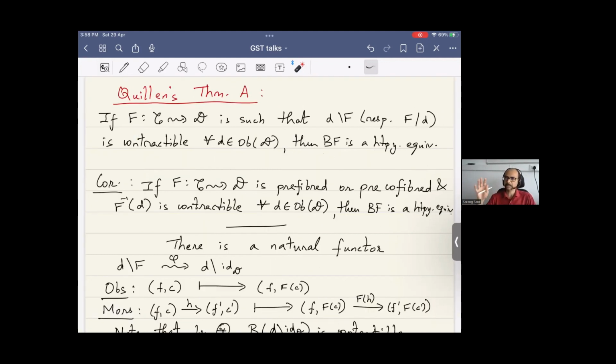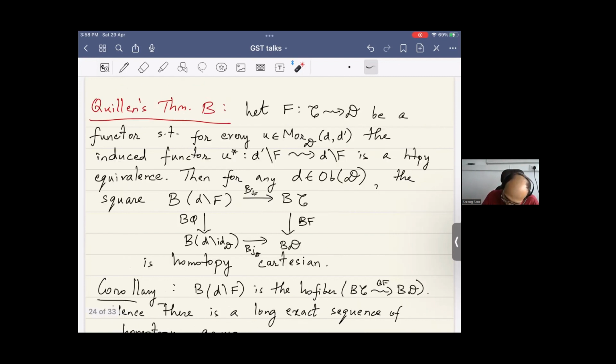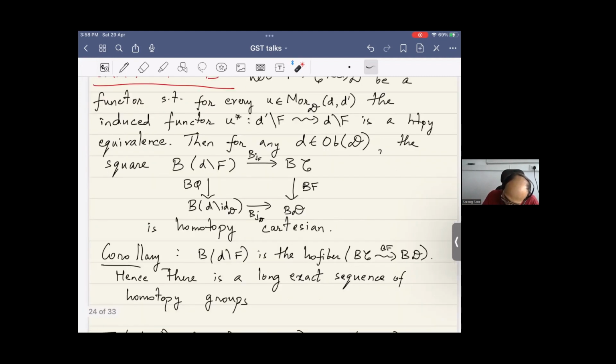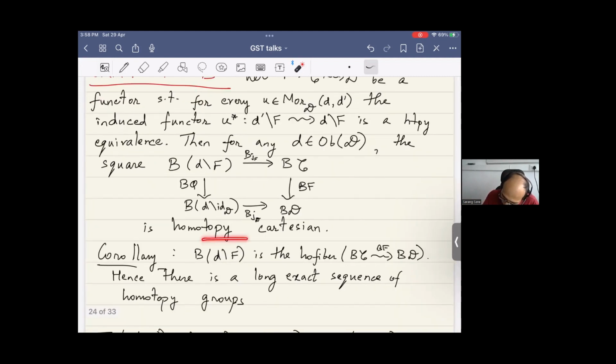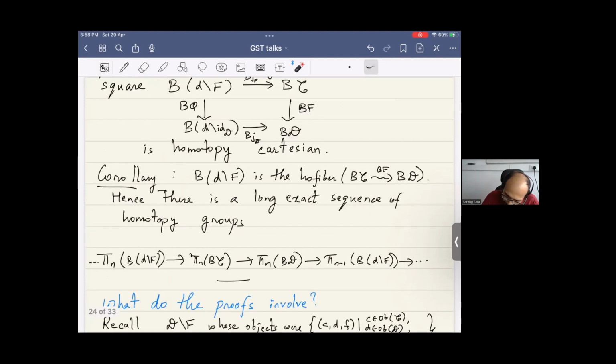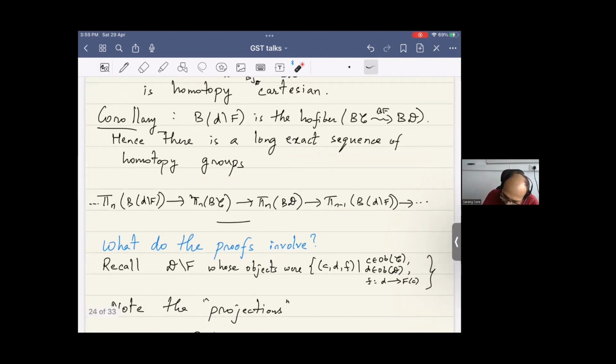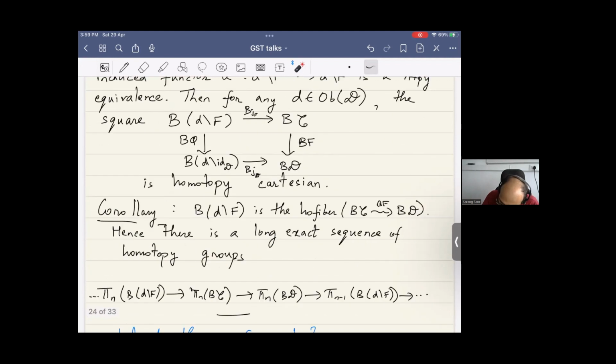Essentially, Quillen's theorem A tells you when this map is a homotopy equivalence. If you take a functor, when does it give you a homotopy equivalence when you go to the classifying spaces? And what does theorem B do? Theorem B tells you that a certain thing is homotopy Cartesian, but the really key point is that it identifies the homotopy fiber of this map.